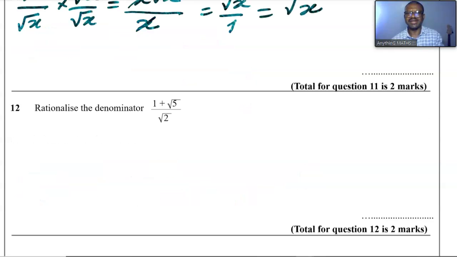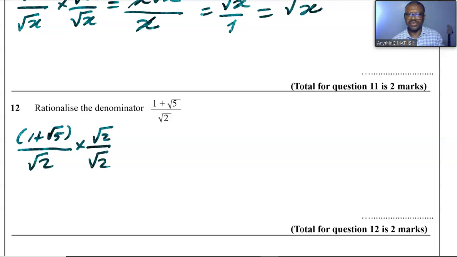Rationalize the denominator: 1 plus root 5 over root 2. Let's put a bracket around this, 1 plus root 5, all over root 2. And we multiply it with root 2 over root 2. Expand the numerator. When we expand, we're going to get root 2 times 1, plus root 2 times root 5, all over 2.